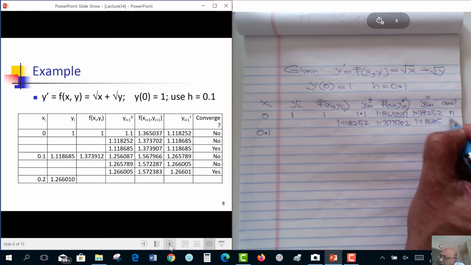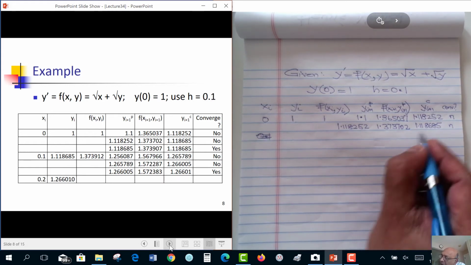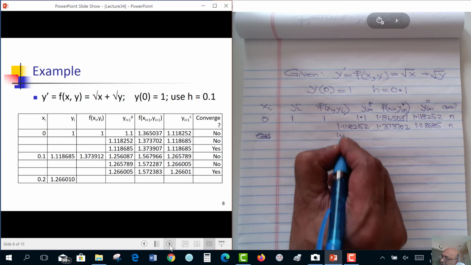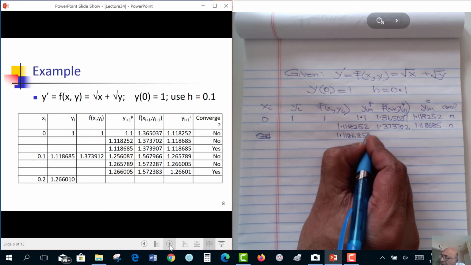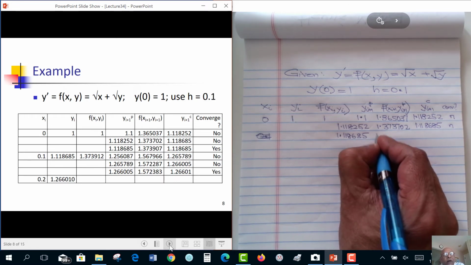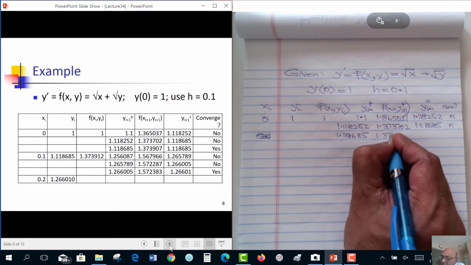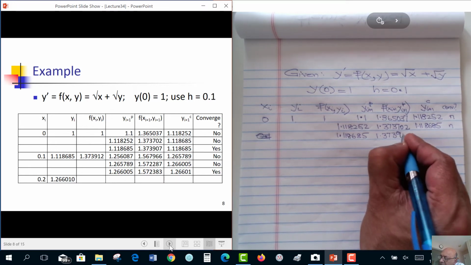If you are not happy, we can go once more. So now this corrected value becomes the predicted value, and we recalculate the slope there. So we get 1.373907.